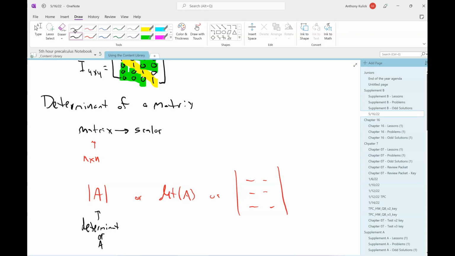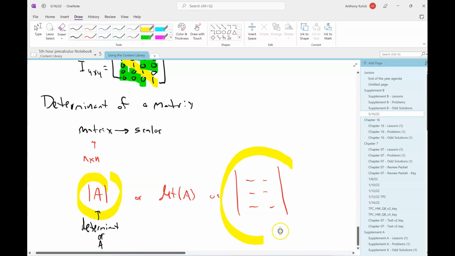Everybody's okay with that? The thing I want to really caution you about is this first notation and this third notation. There is no such thing as an absolute value when dealing with matrices. It's critically important that you remember that the vertical bars around a matrix mean the determinant.